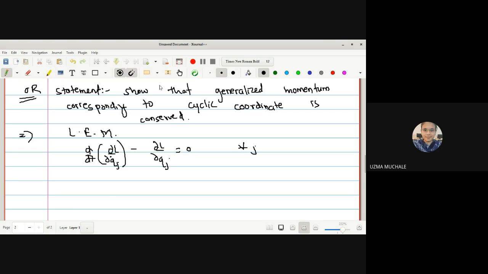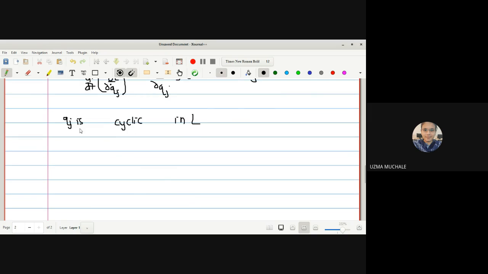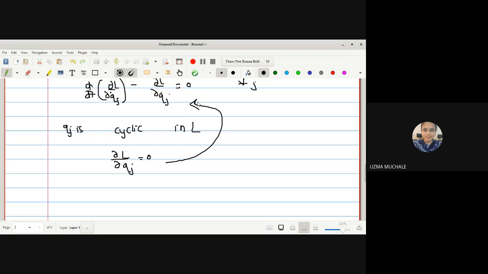Then, given that Qj is cyclic in L. Okay, show that the generalized momentum corresponding to a cyclic coordinate is conserved. What is given? Qj is cyclic in the Lagrangian L. Just now we have seen what happens when Qj is cyclic in L: dou L by dou Qj is 0. Then put this in the above equation, dou L by dou Qj equal to 0.